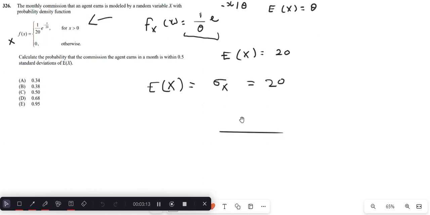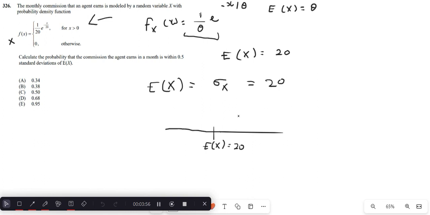The expected value of a distribution is really just the central value of that distribution. So I'm going to put the expected value of X in the middle, and we know that is 20. We want the probability that the commission is within 0.5 standard deviations of the expected value. 0.5 of the standard deviation is 0.5 of 20, which is 10.